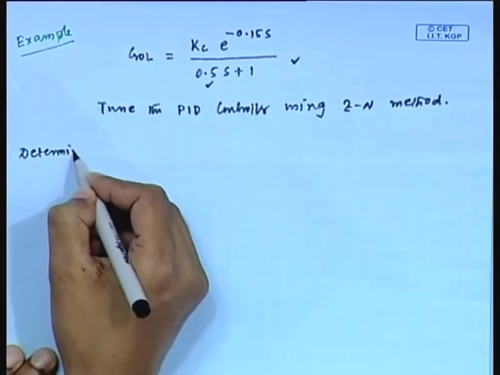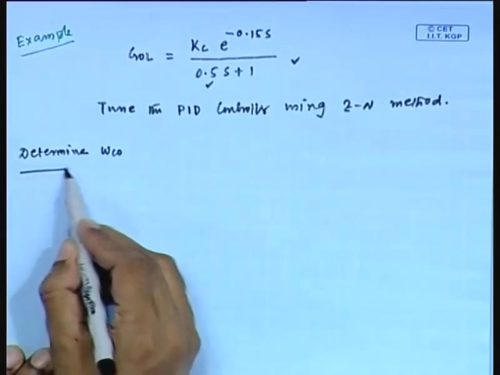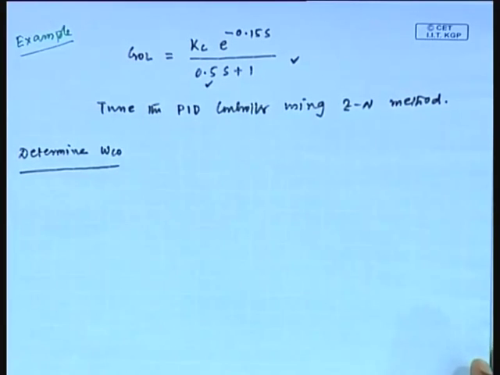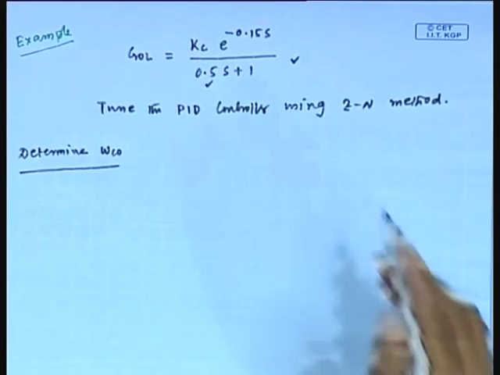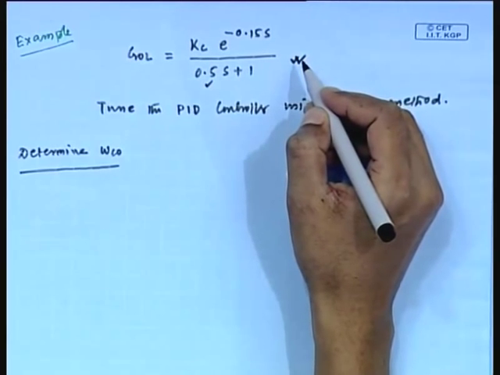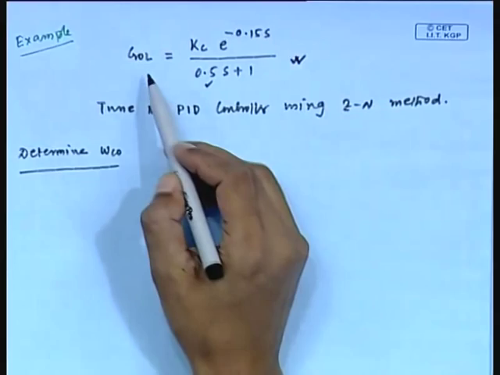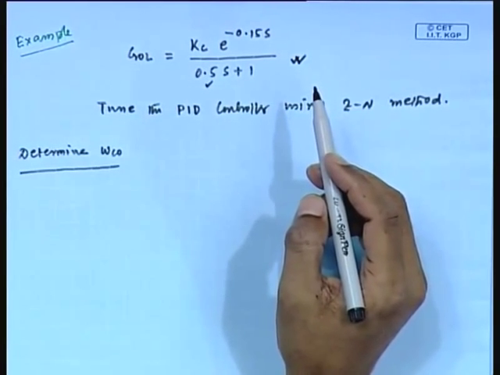So, first you determine crossover frequency. In this open loop transfer function we have considered only P controller.